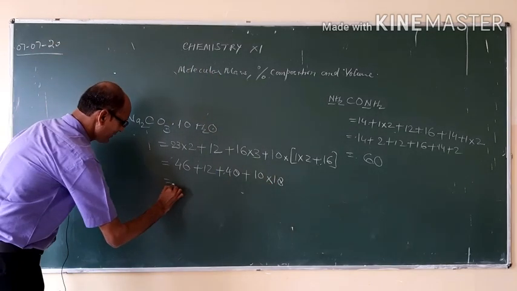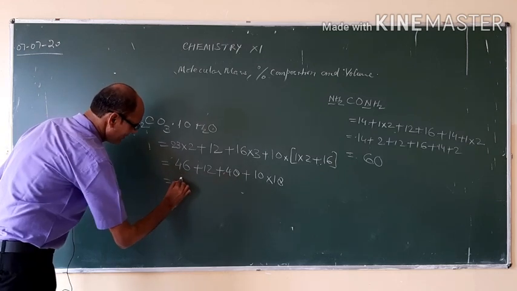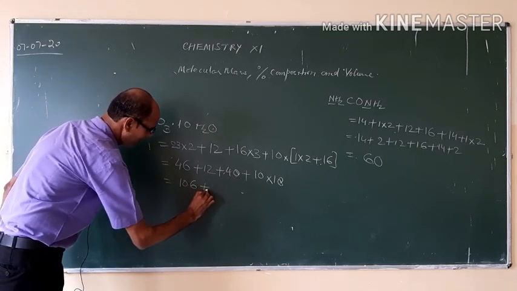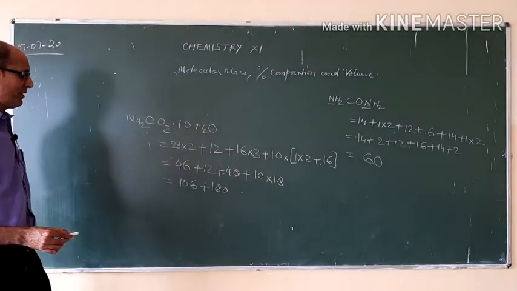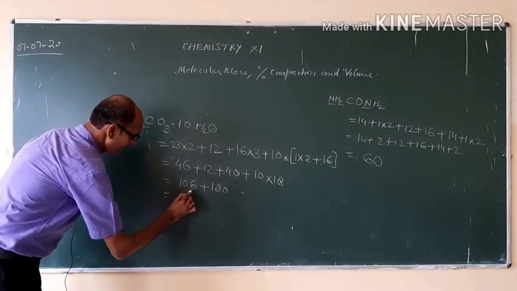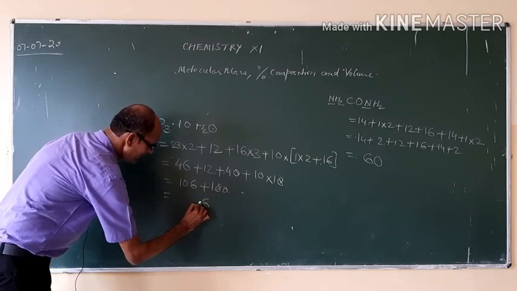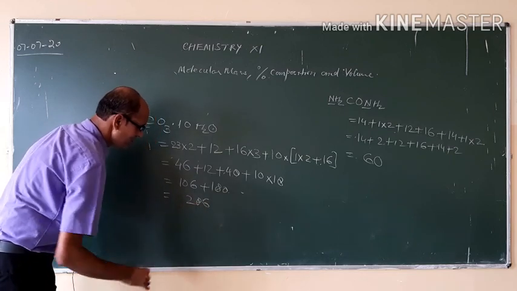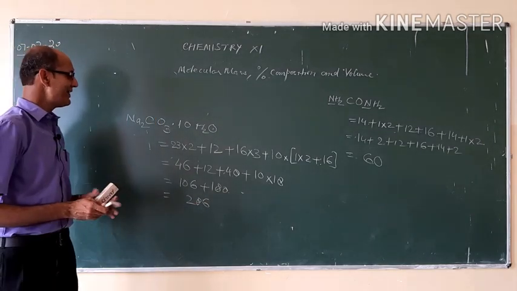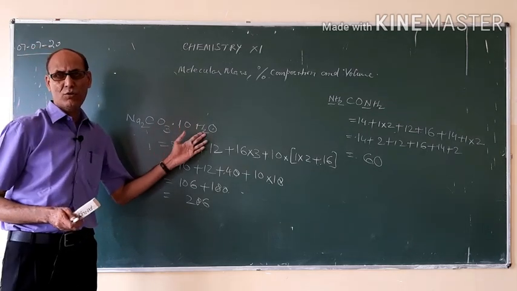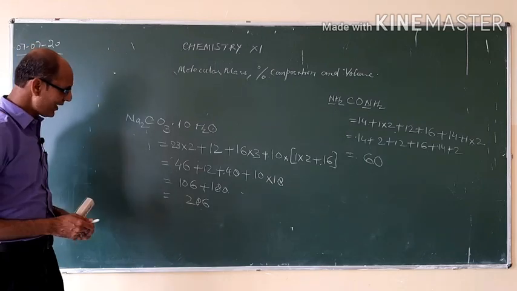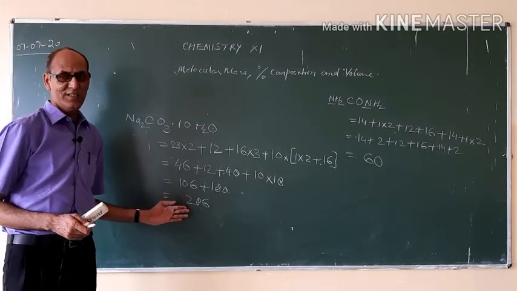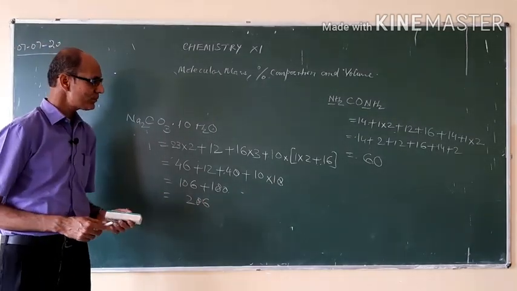This is 106 plus 180, which is 286. This is Na2CO3.10H2O. Its name is washing soda and its molecular mass is 286.